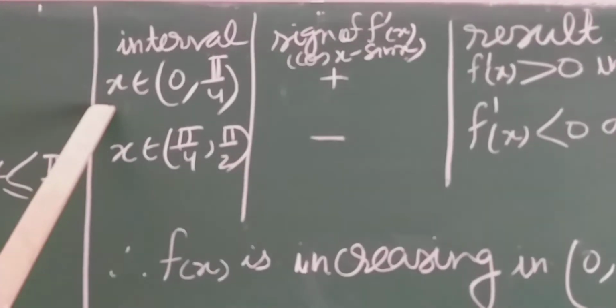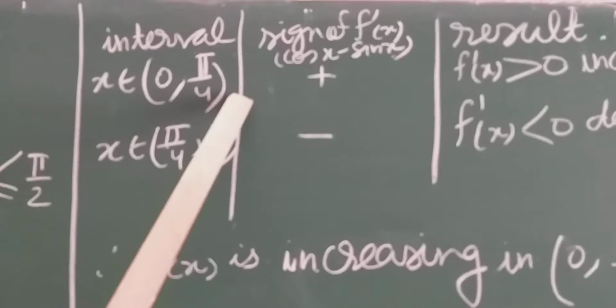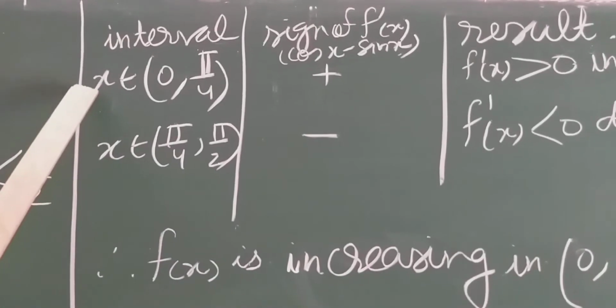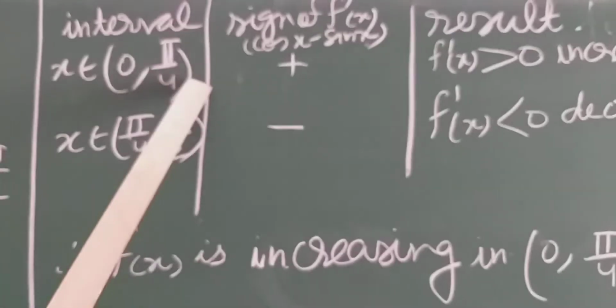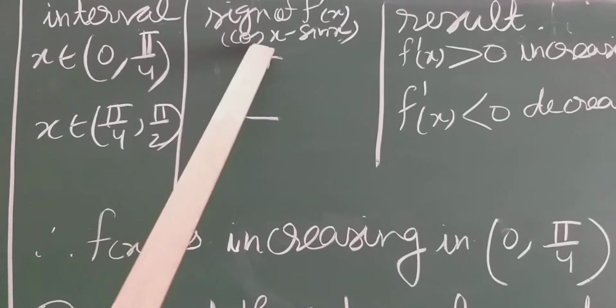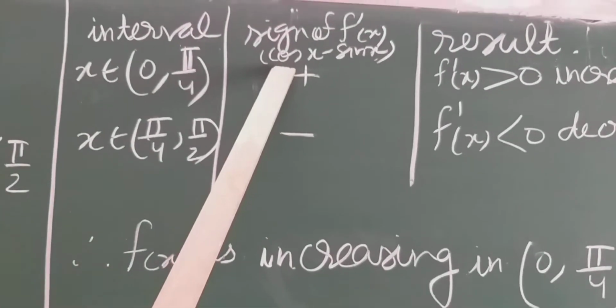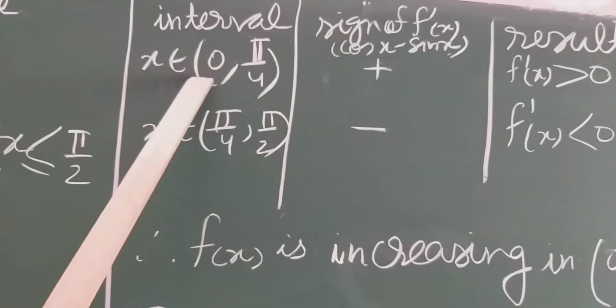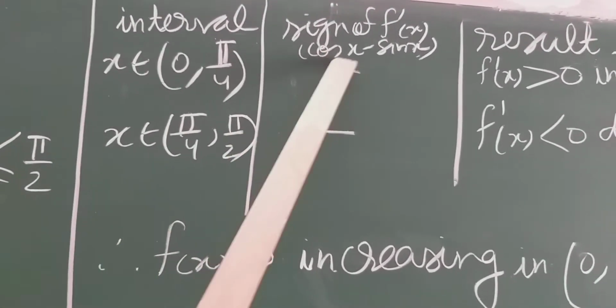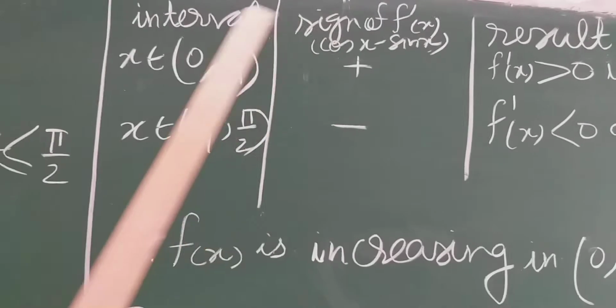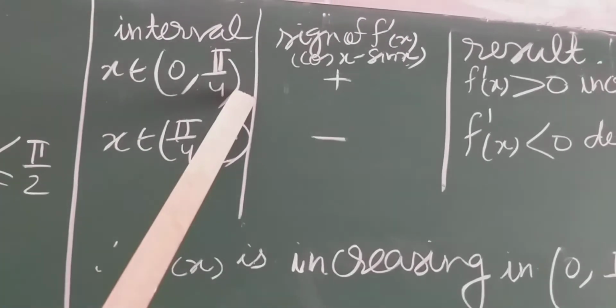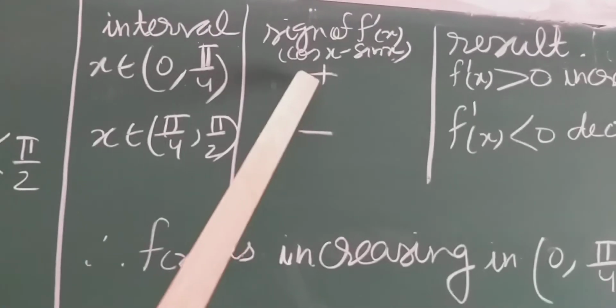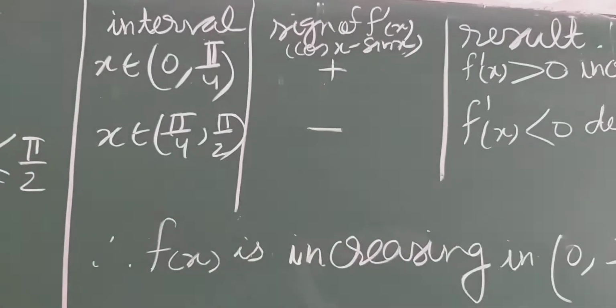So the first interval is 0 to pi by 4. Here we can write x belongs to 0 to pi by 4. And the sign of cos x minus sin x: the cos x value is more than the sin x value if x belongs to 0 to pi by 4. So it is positive, student.